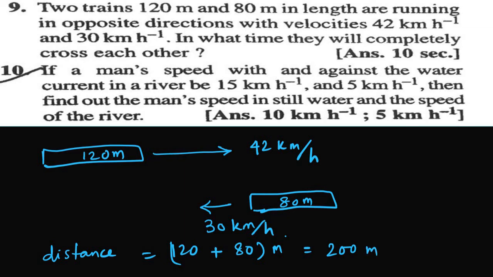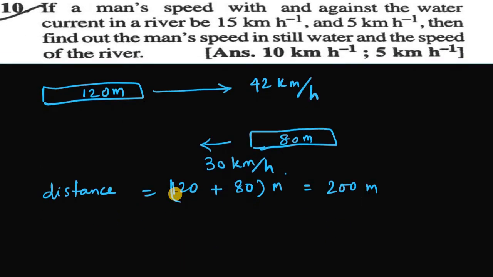Now if it is 200 meter, the velocities are given as 42 km per hour and 30 km per hour. First thing you need to do is consider the relative velocity of one train with respect to the second. So what is the relative velocity?